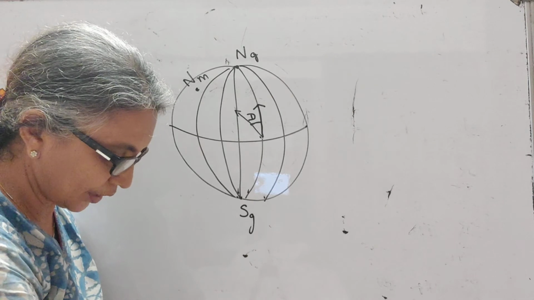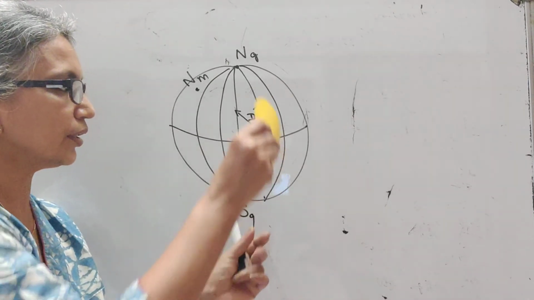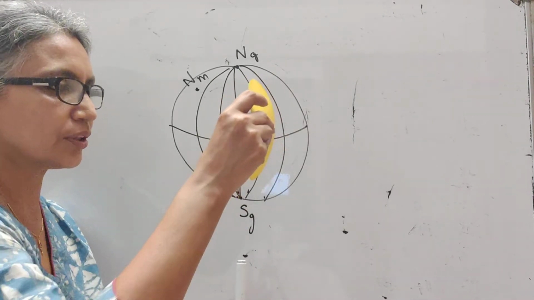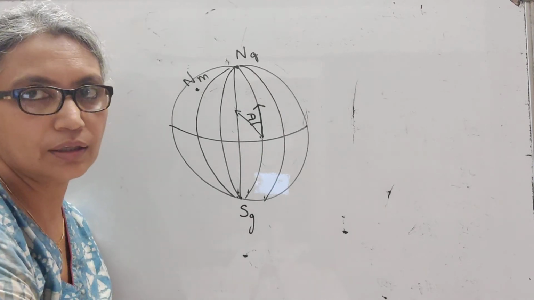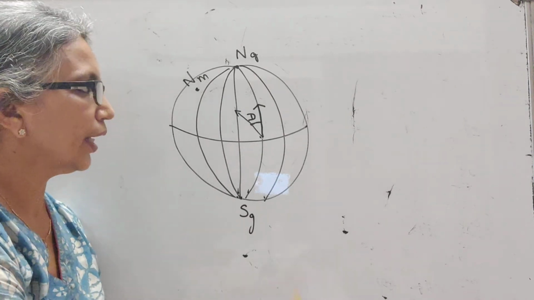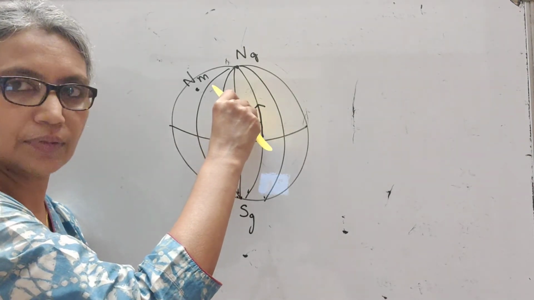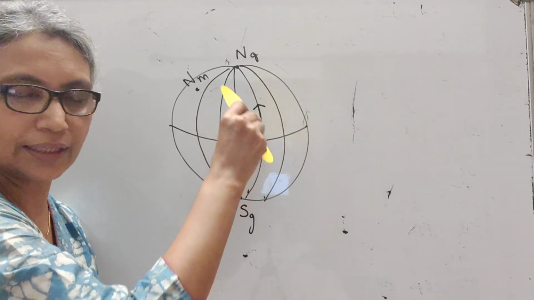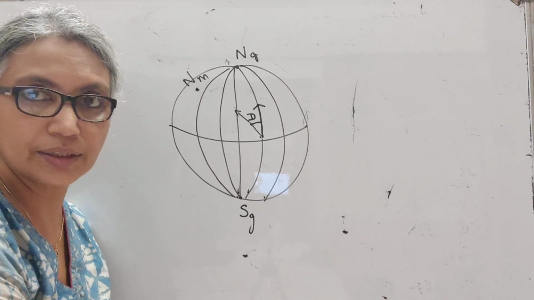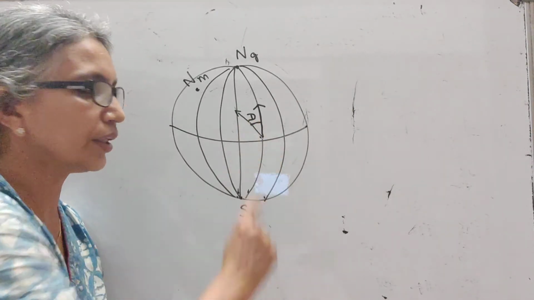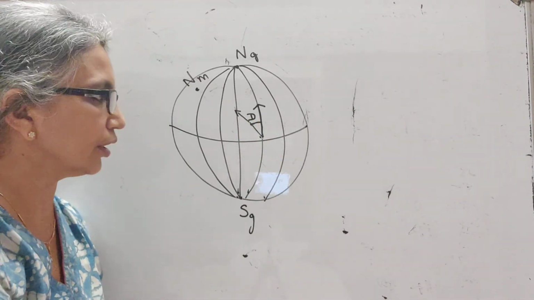In your textbook, a vertical plane that passes through the longitude circle is called the geographic meridian, and a vertical plane that passes through the magnetic field lines at that place is called the magnetic meridian. The angle between the two meridians is the angle of declination.